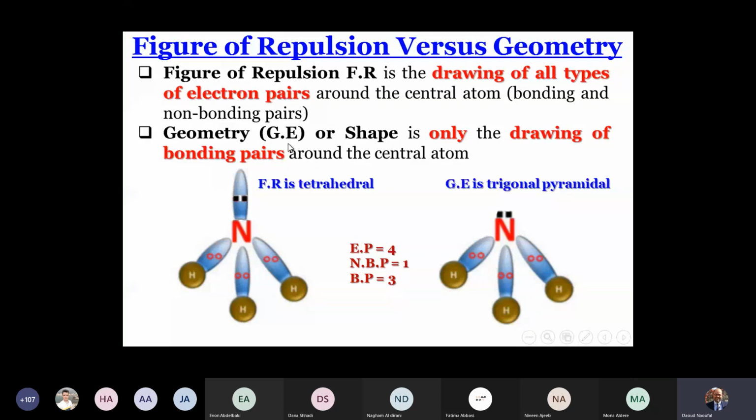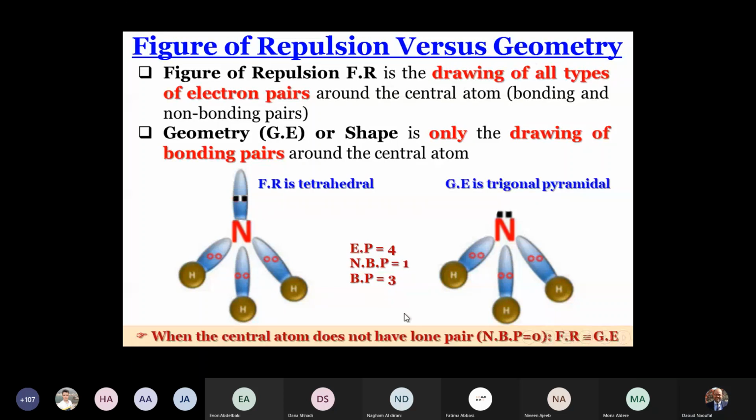The geometry or the shape is only the drawing of the bonding pairs around the central atom. When the central atom does not have a lone pair, so the number of non-bonding pairs equals 0, in this case, the figure of repulsion is the same as the geometry.